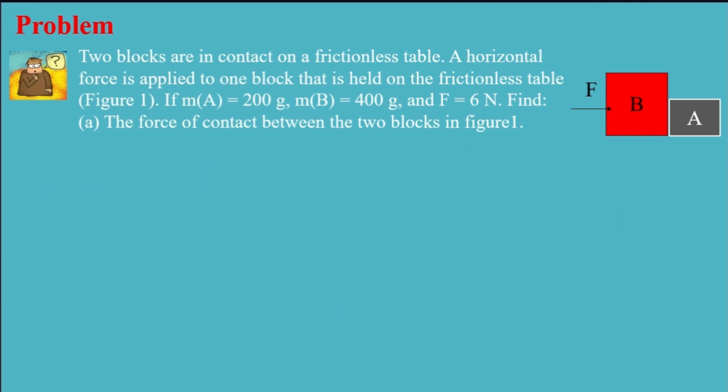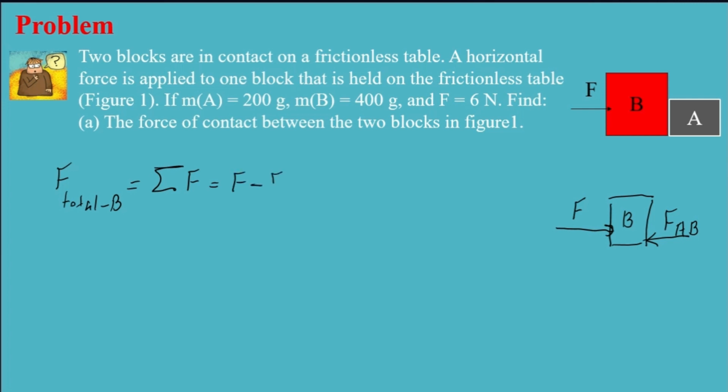Let me draw the free body diagram for block B. So block B has one force, which is F, and also has a contact force from block A. I'm going to call it FAB, from A to B. Now, if I write the second Newton's law, then my F total for B is going to be equal to the sum of F, and that's going to be F minus FAB equal to MB times acceleration.